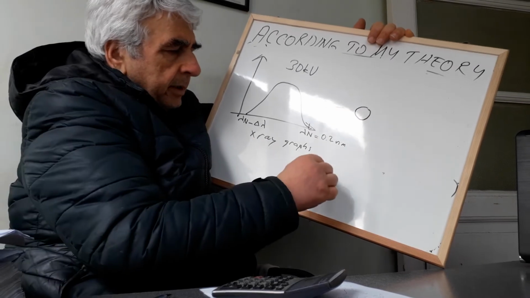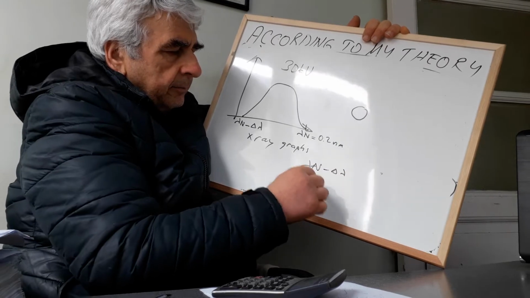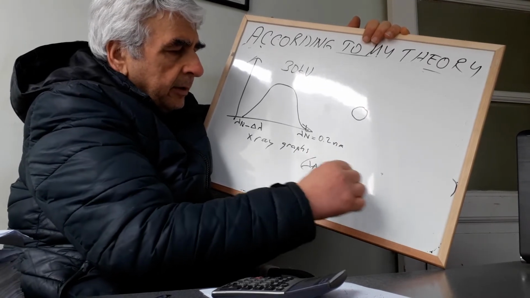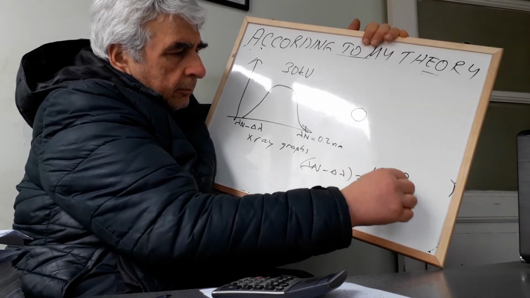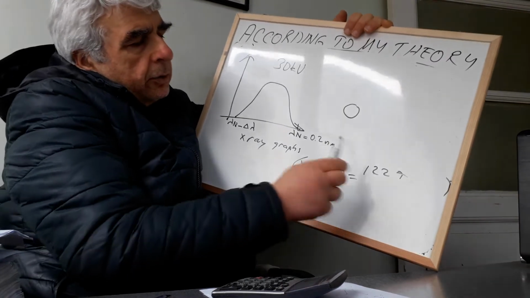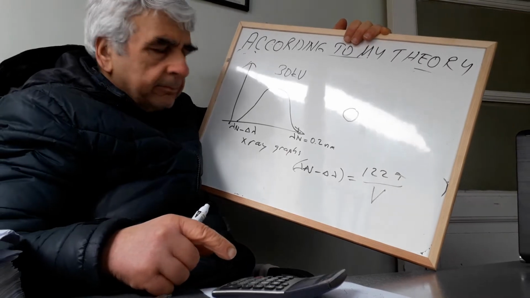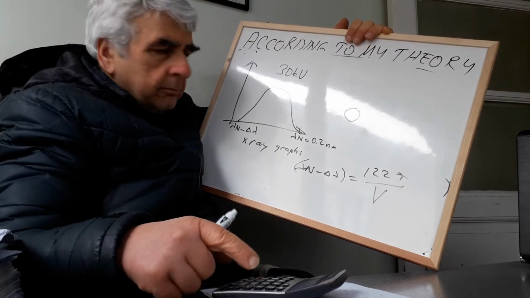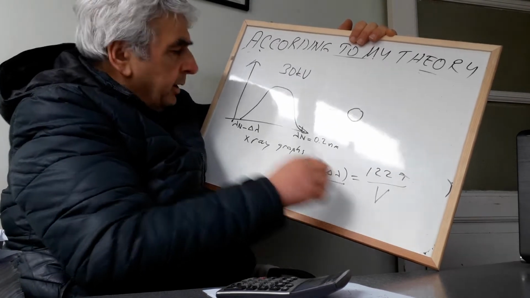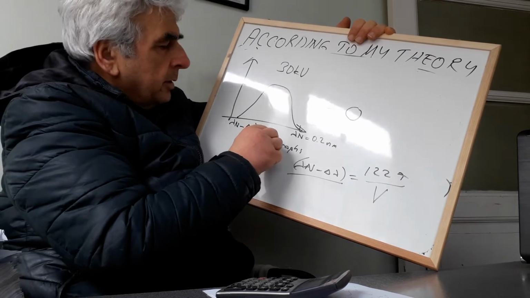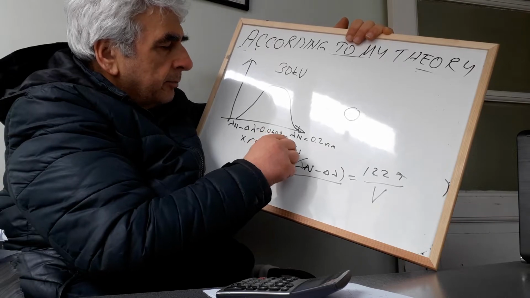Again, according to my theory, λn minus Δλ is equal to 1227 divided by voltage, 30 keV, say, which will be equal to 0.0409 nanometer.